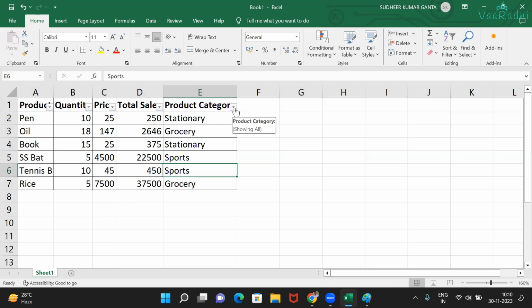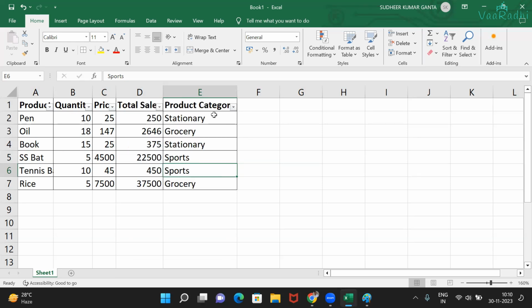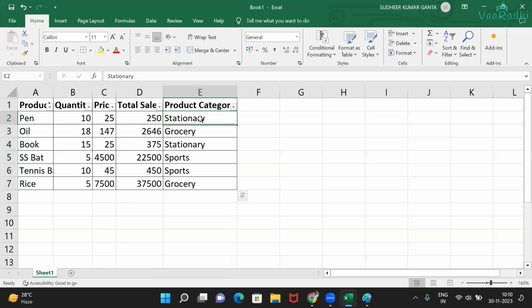So if I go and check my product category drop down, how many values am I seeing? 3. But in that column, how many values are there? 6 values, sorry. But why is the filter giving me only 3 values? The reason is the values are repeated.